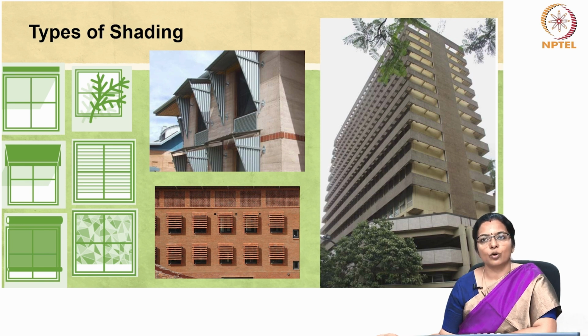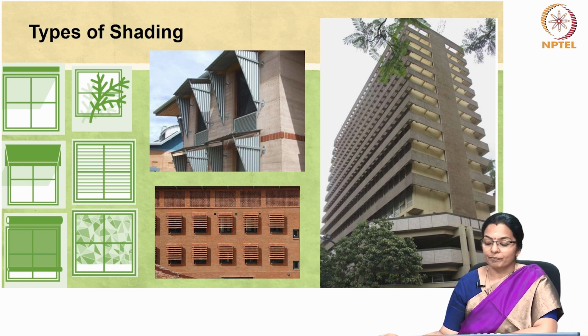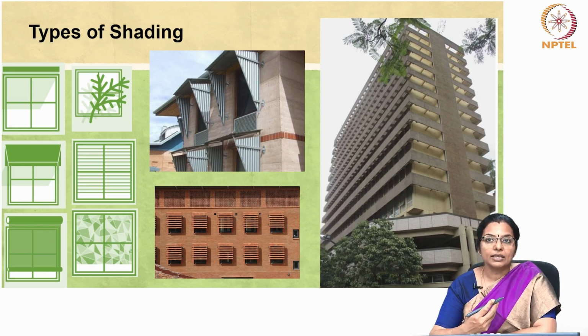Overhangs are best for south facing windows where the sun is very high. The high overhead sun during hot summer months, whichever places they have, overhangs are necessary, and a relatively short overhang can provide effective shading.